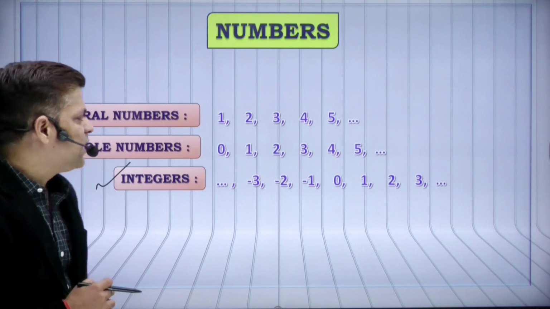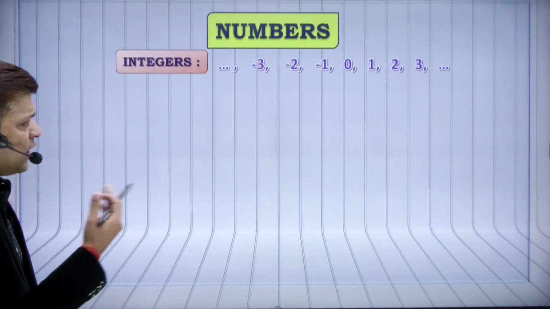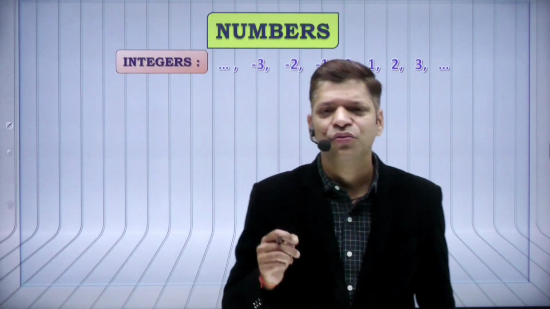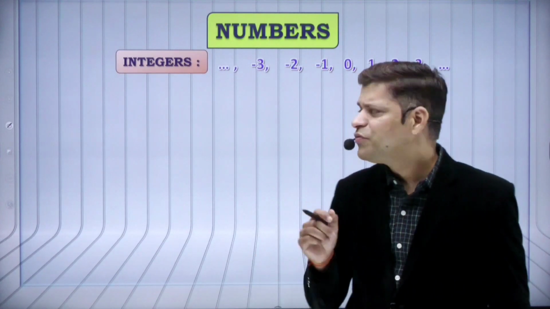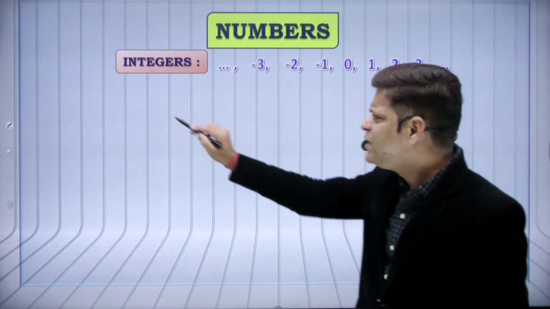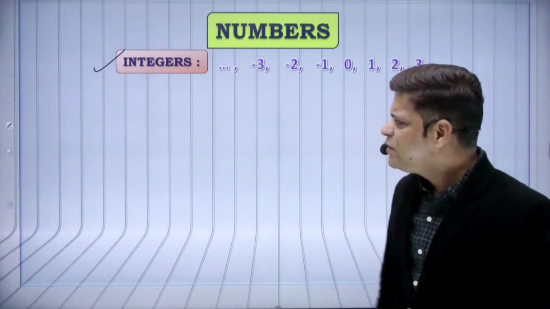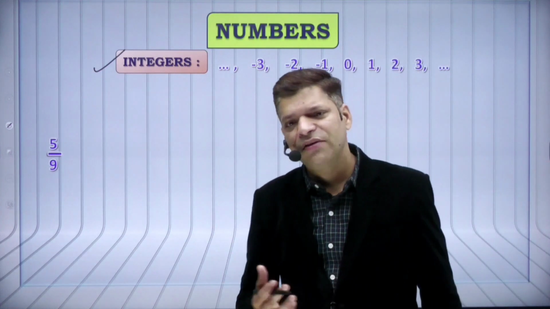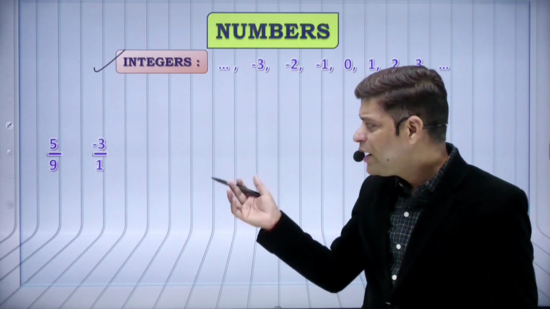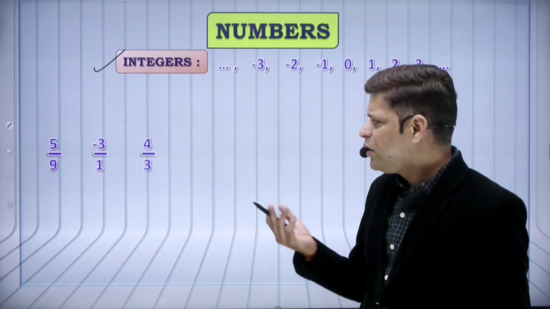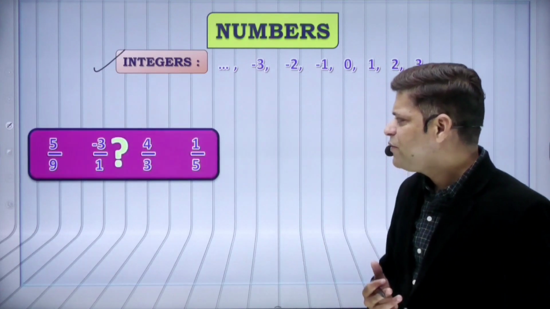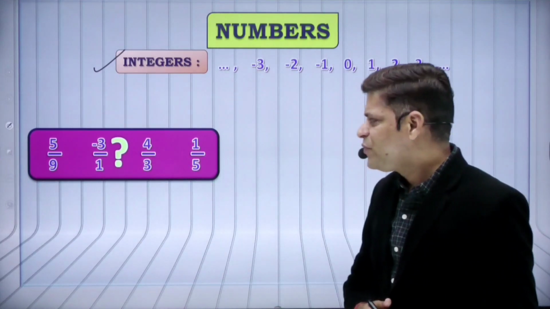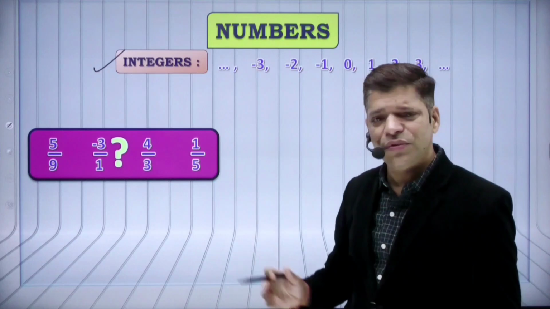Now, as we know, integers are -3, -2, -1, 0, 1, 2, 3 and so on. If we discuss new numbers like 5 by 9, -3 upon 1, 4 upon 3 or 1 upon 5, what will we say about these numbers?